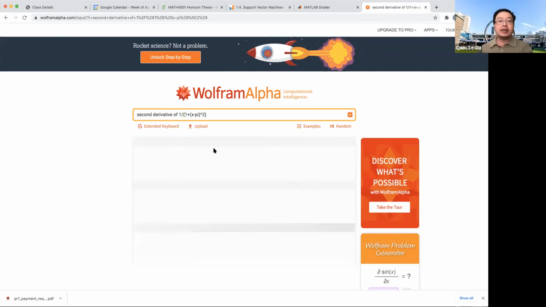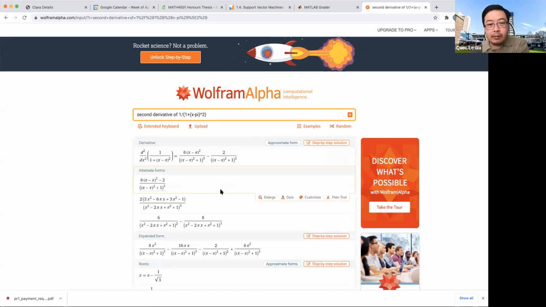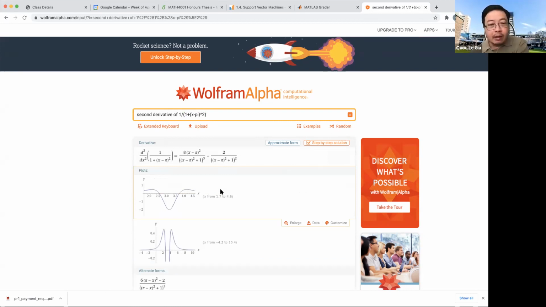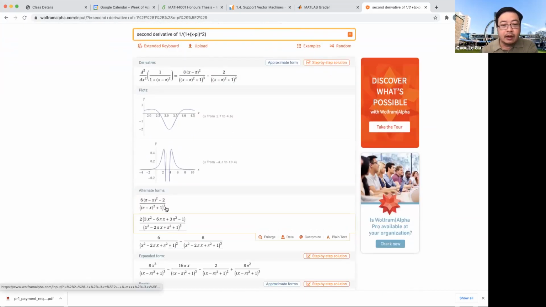It's a bit complicated, but you can get it: 6 over ((x minus pi) squared plus 1) cubed minus 2 over ((x minus pi) squared plus 1) squared. You can see a plot like this, from 1.7 to 4.6. Maybe this is a more compact form.